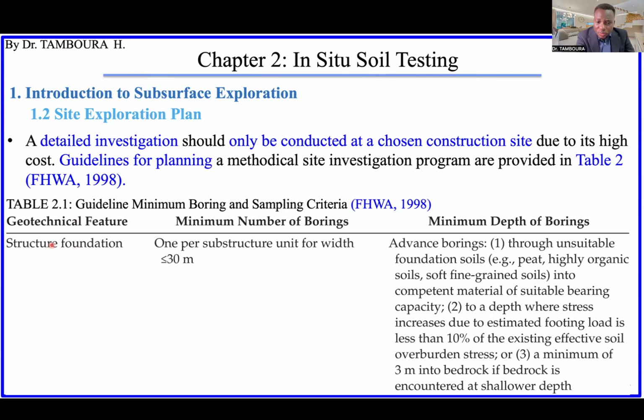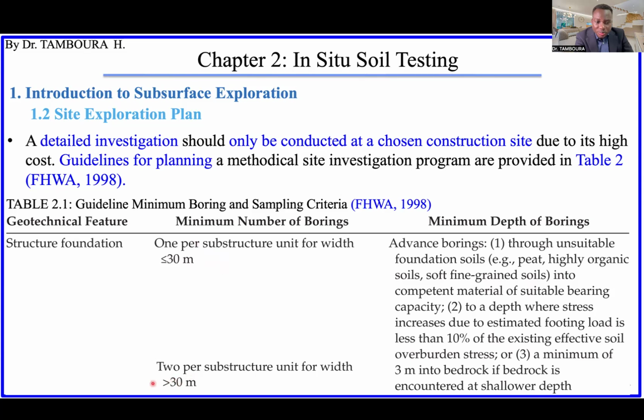Next, we have here the case where the building is less than 30 meters. It's saying you have to do one boring for each foundation, for each structure you can do only one.